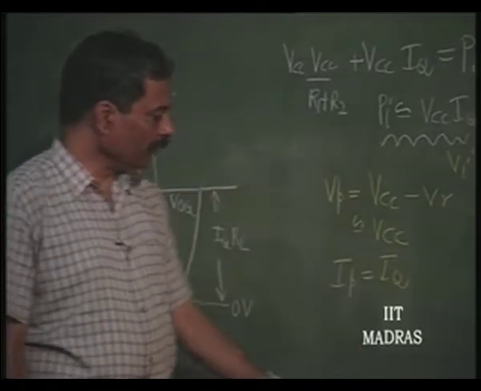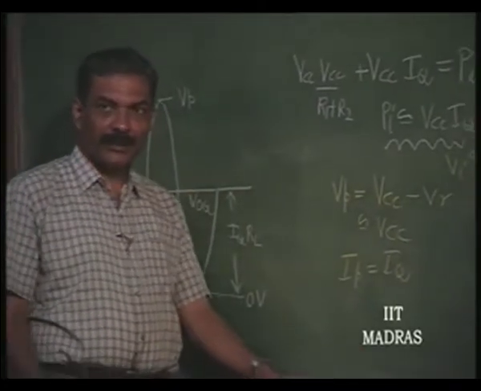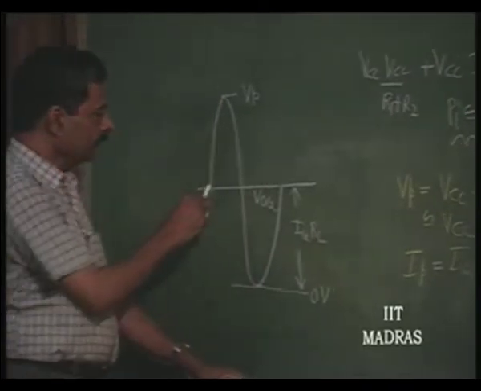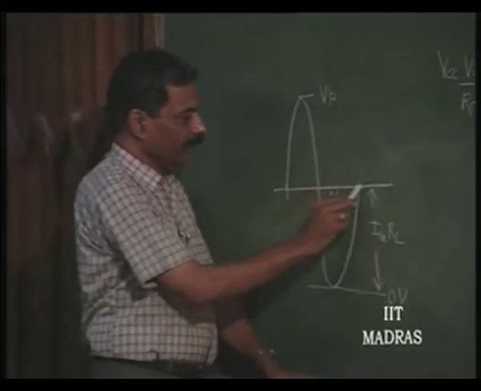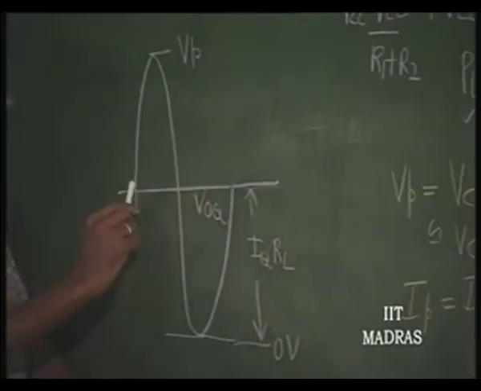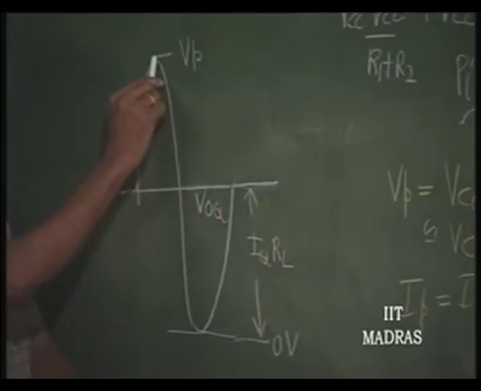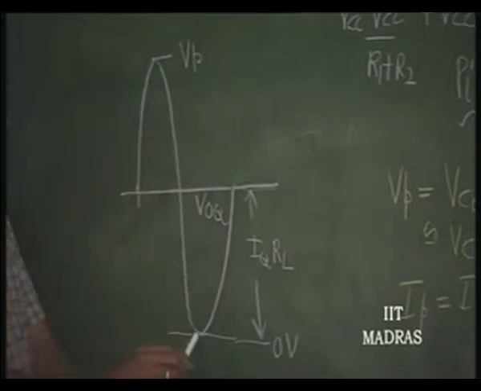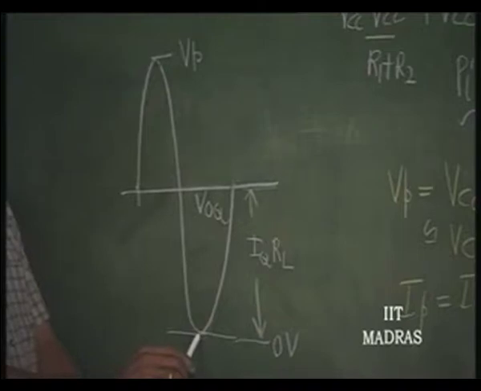So, if we want now equal swing on either side of the quiescent, let us see, if it is a sinusoid, the quiescent is here V naught q, and on this side it can go almost up to Vp, actually it is Vp minus V gamma. On the other side it can go up to 0 when the instantaneous value of current through the load becomes equal to 0, instantaneous value of voltage also is 0.